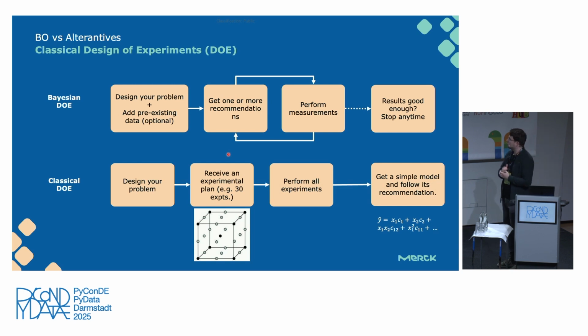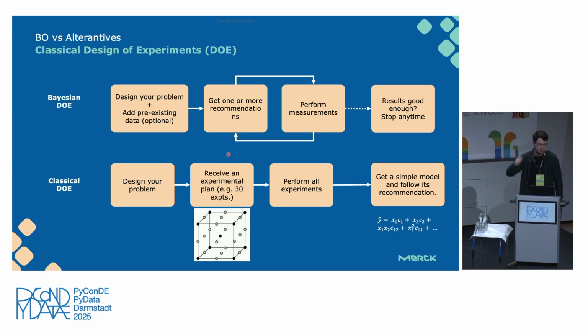So I think a very easy workflow. This is the competitor, classical DOE, classical design of experiments. I will not go into detail, but look how it's different just visually. It's one straight line and there's no loop. So you design your problem, you cannot add initial data, then you receive a plan. That plan is, of course, motivated by smart mathematical choices. But it's a rigid plan. It tells you, do my 30 experiments, and then I give you a simple linear model.